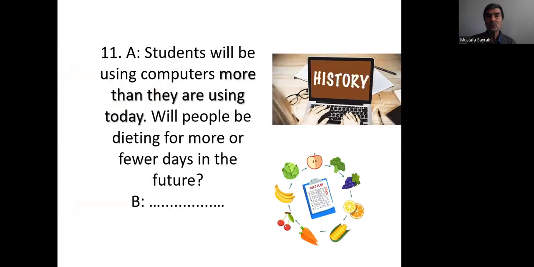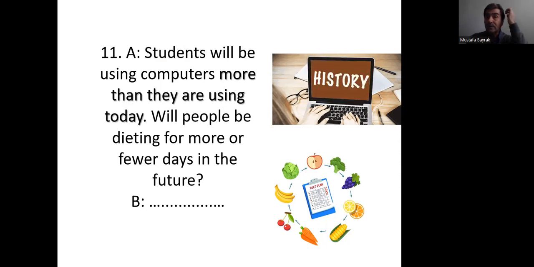12. Students will be using computers more than they are using today. Do you recognize the than clause here? Yes. Than they are using today. Students will be using computers more than they are using today or than they were using in the past.